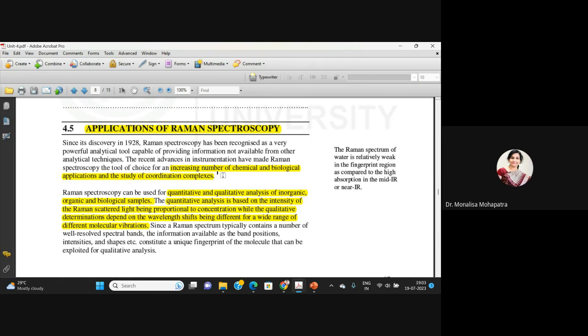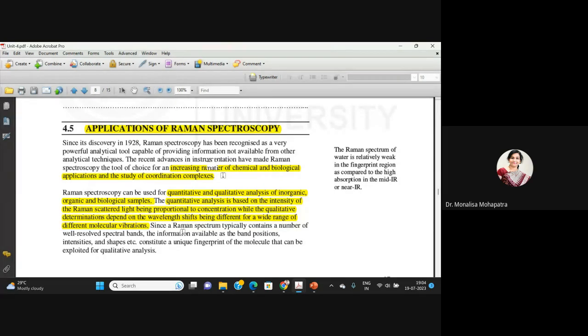But now it is also a tool of choice for an increasing number of chemical and biological applications, and to study mostly the coordination complexes. Mostly the coordination complexes also use Raman spectroscopy, and it can be used for quantitative as well as qualitative analysis of your inorganic, organic, and biological samples.